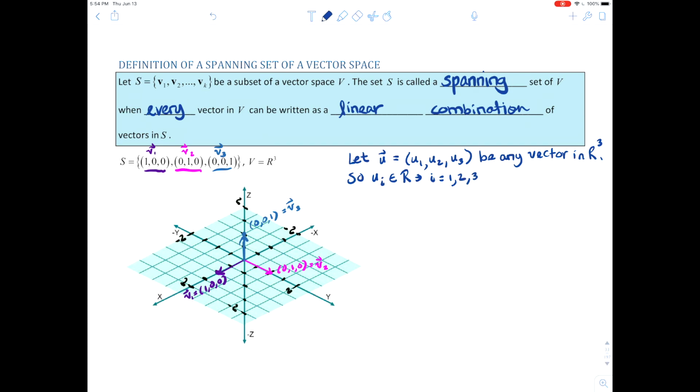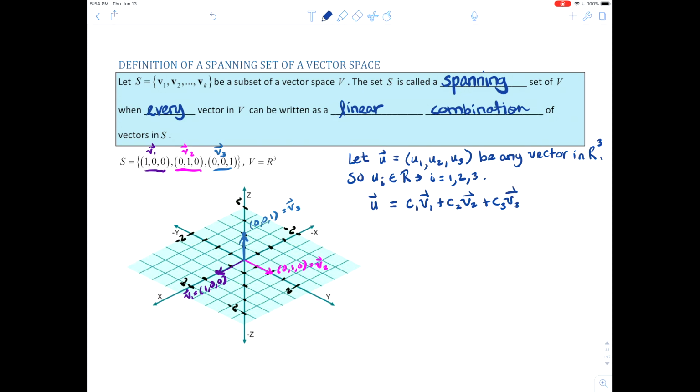Groovy? Okay, what do we do? How do we make a linear combination? I mean, this is going back to the problem we just did as our warm-up. We want to be able to write U as a linear combination of the vectors V1, V2, and V3. So we would have C1 times V1 plus C2 times V2 plus C3 times V3, the vector V3.